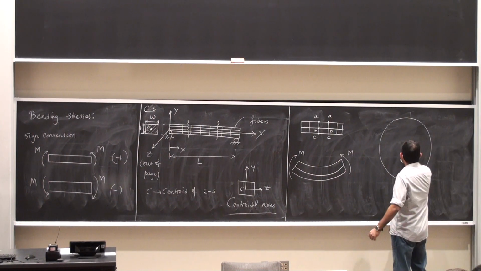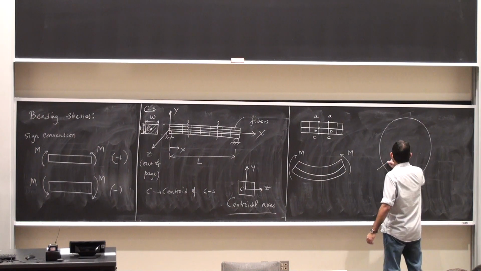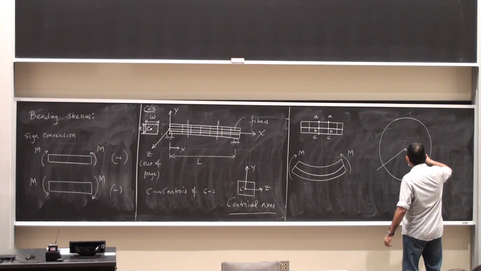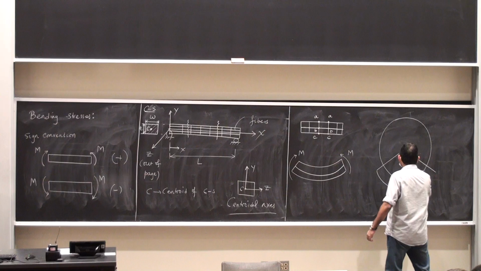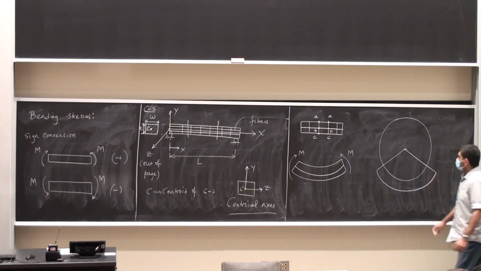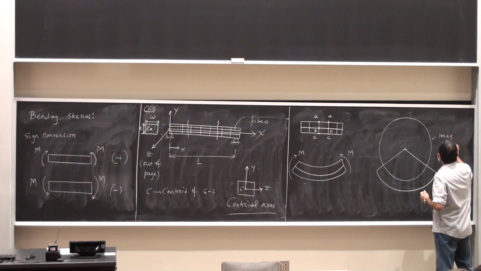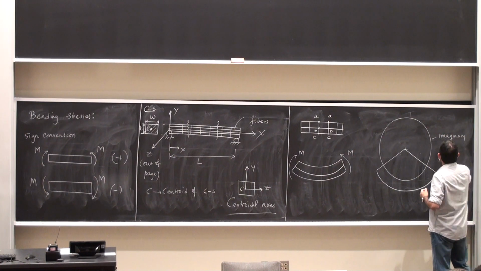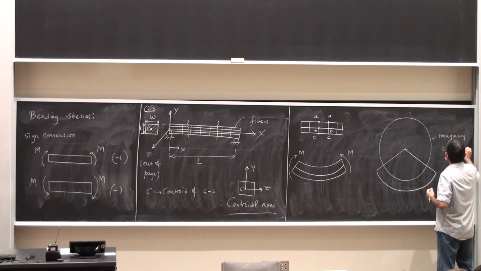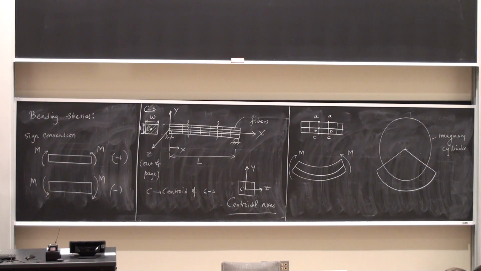Okay, so here is the center. So this is an imaginary cylinder, and this is called a cylinder of bending.